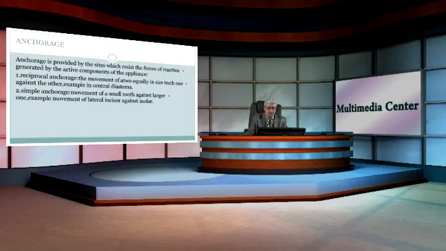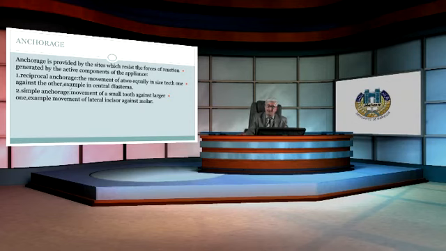Reciprocal anchorage: the movement of two equal-size teeth, one against the other. Example: correction of a central diastema by finger spring. Simple anchorage: movement of a small tooth against a larger one. One example is movement of the lateral incisor against a larger tooth when we need mesialization or distalization.